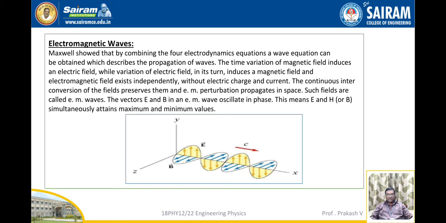Without electric charge and current, the continuous interconversion of the fields preserves them and the electromagnetic perturbation propagates in space. Such fields are called electromagnetic waves. The vectors E and B in an electromagnetic wave oscillate in phase. This means E and H simultaneously attain maximum and minimum values.